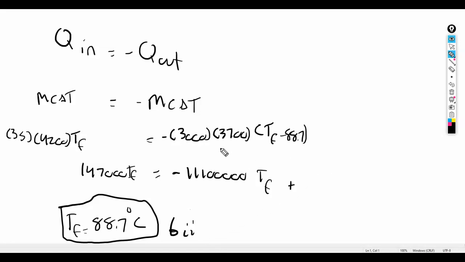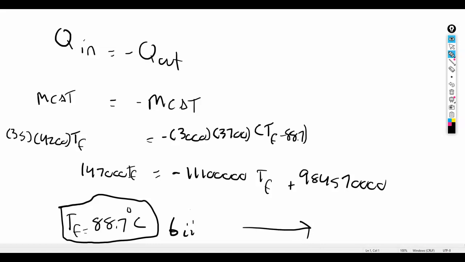I do need to distribute out this 3,000 times 3,700 times 88.7, and I get a big number over here. But if I add this TF term to both sides and then divide, I can get the correct answer.